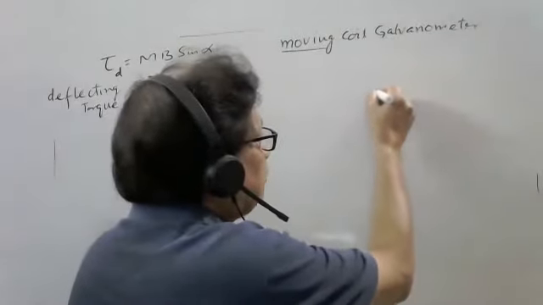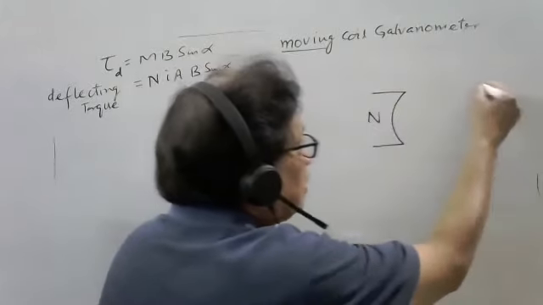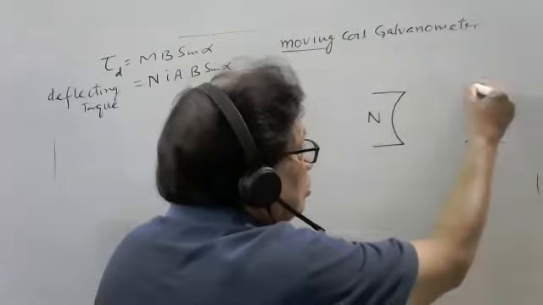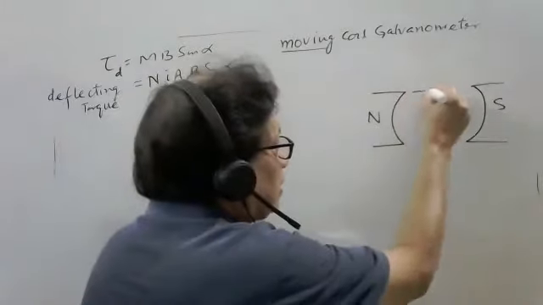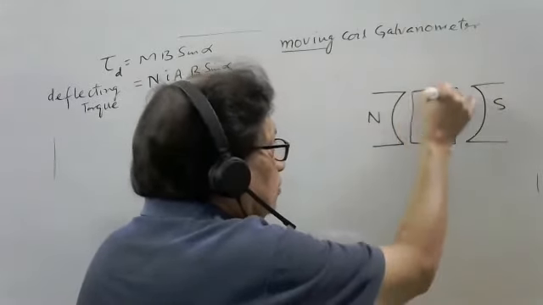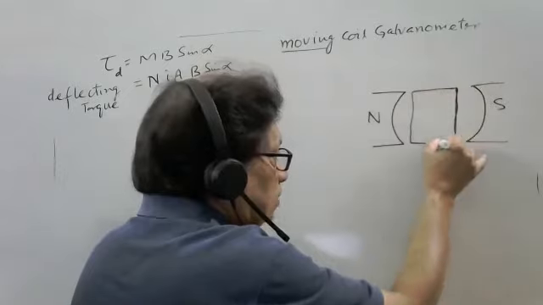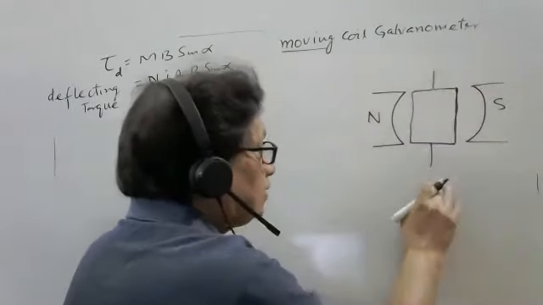Say, suppose we are having this magnetic field, North Pole, South Pole, and we have taken here a rectangular coil of so many turns, and one end is this, other end is this.